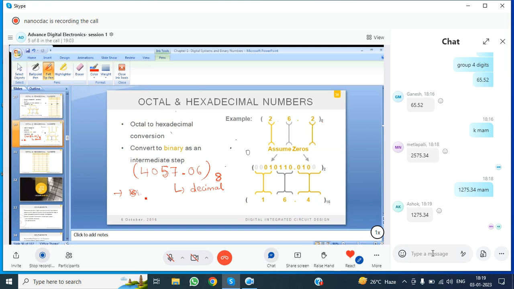How will you convert? Yesterday we have seen 4 into 8 power 3 plus 0 into 8 square. Will you do it? Tell me the answer. I just gave you the hint. Just tell me the answer.